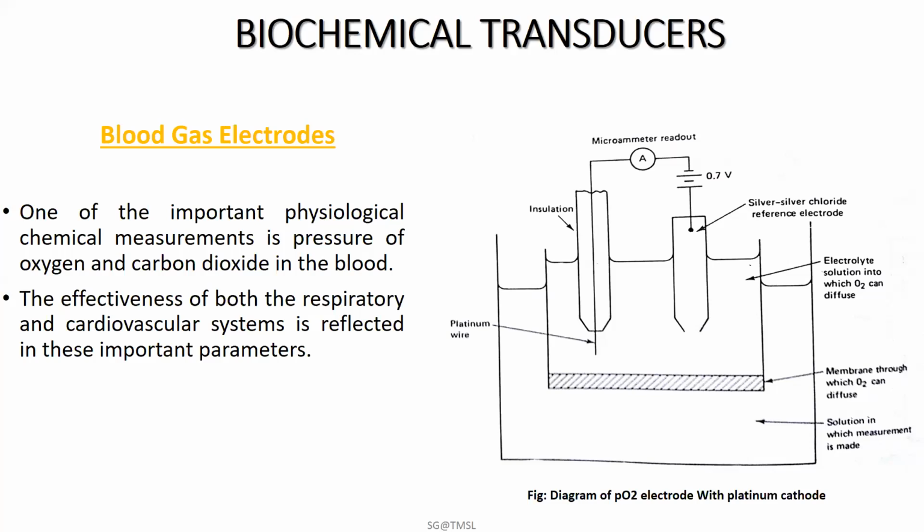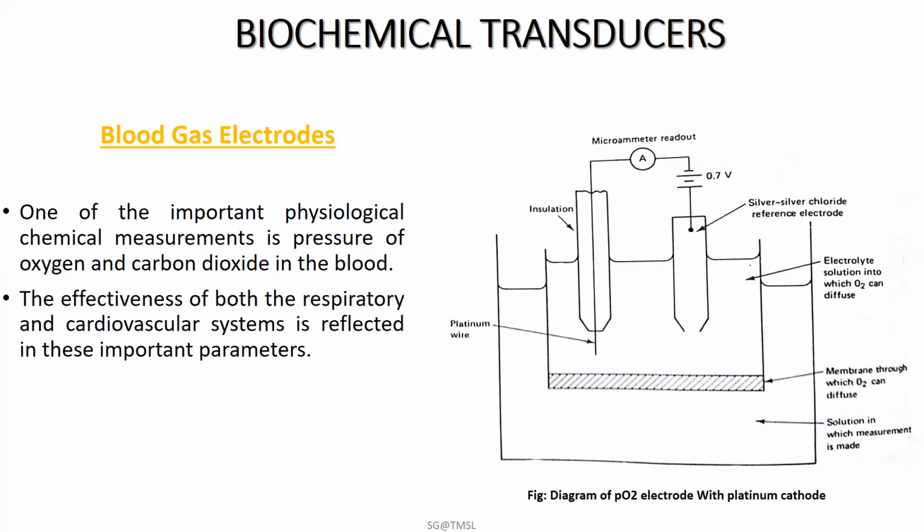Here is the diagram of the PO2 electrode, where a fine piece of platinum or some other noble material is embedded in glass for insulation, with only the tip exposed, and placed in the electrolyte into which the oxygen is allowed to diffuse.